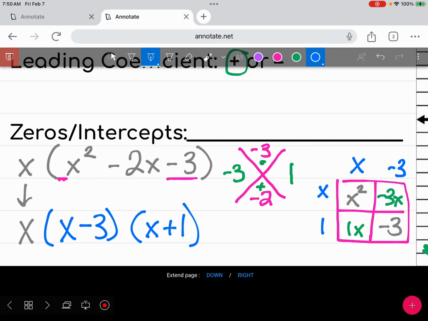So where do we have roots on this one, or zeros, or intercepts? What's the root for this guy, x +1? -1. So we're going to have a root at x equals -1. What's our root for this guy? +3. What about this guy?